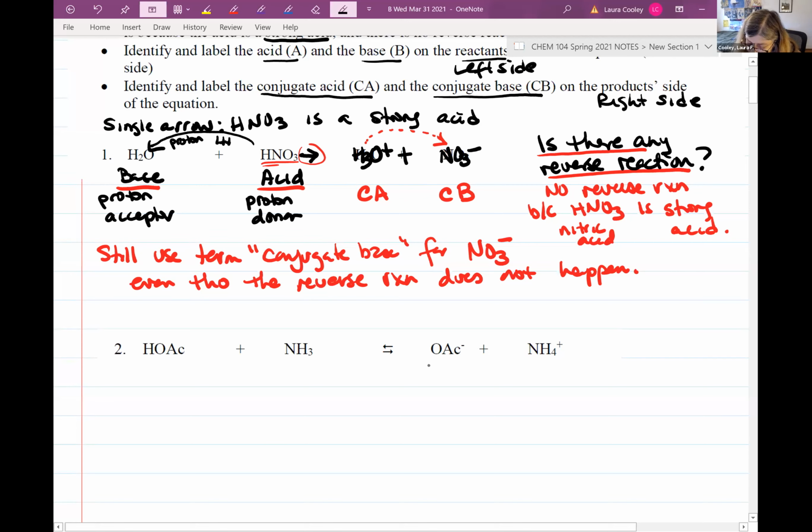In order to get acetate here, this H, this proton, would have to move that way. So the proton donation would be like that, and you end up with acetate ion and ammonium ion. So this is donating a proton, so this is the acid. This is accepting the proton, so this is the base.